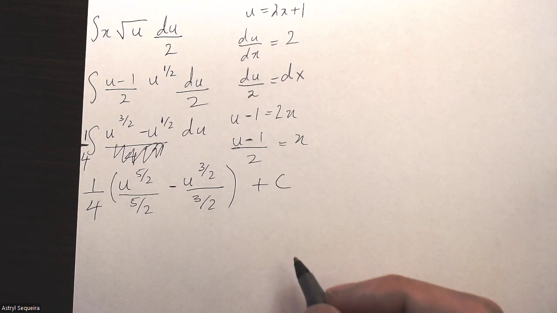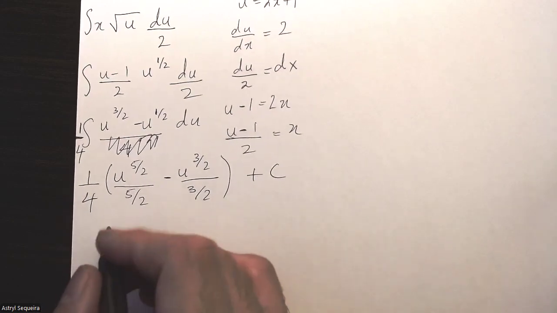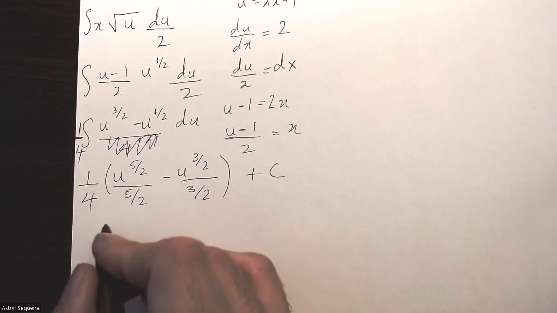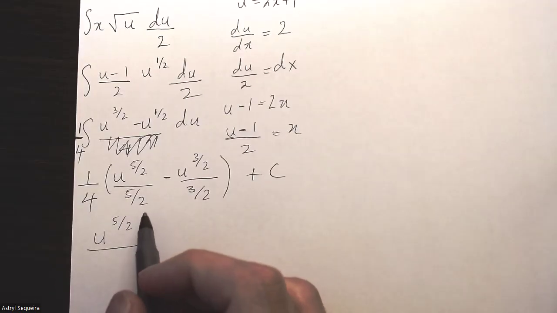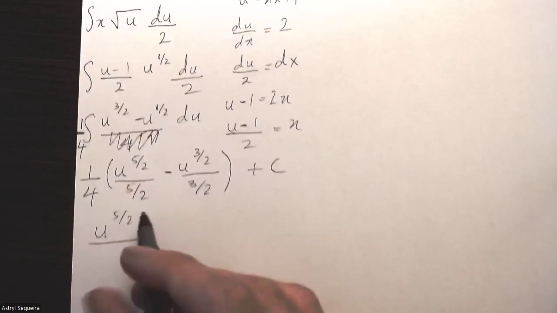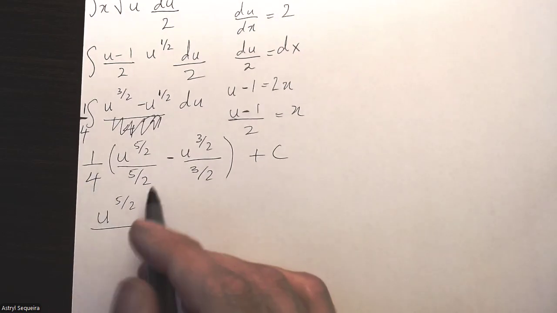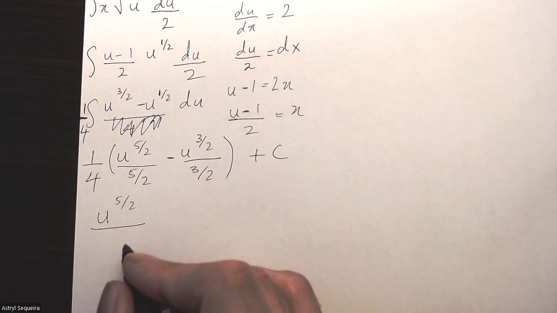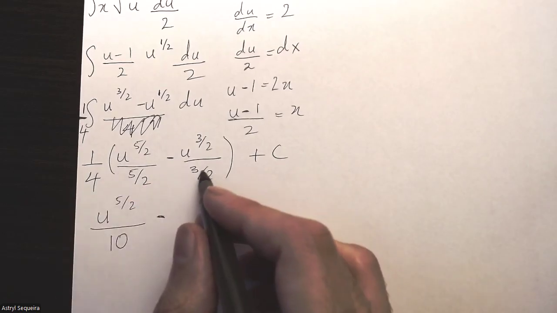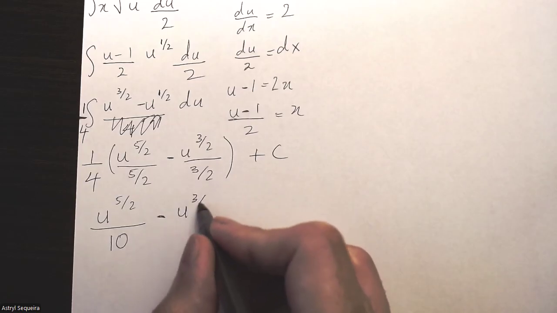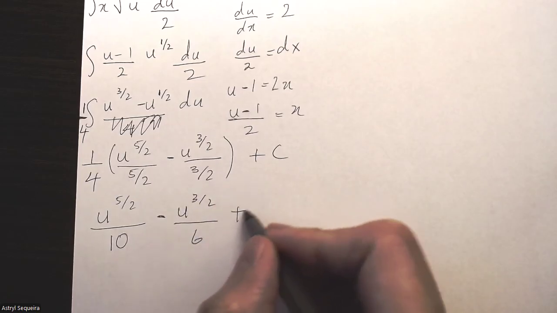Now all we have to do is simplify this. 4 times 5 over 2, well, 1 times that is just the same thing. 4 times 5 over 2, that's 20 over 2, which is just 10. And 4 times 3 over 2, that's 12 over 2, which is just 6.